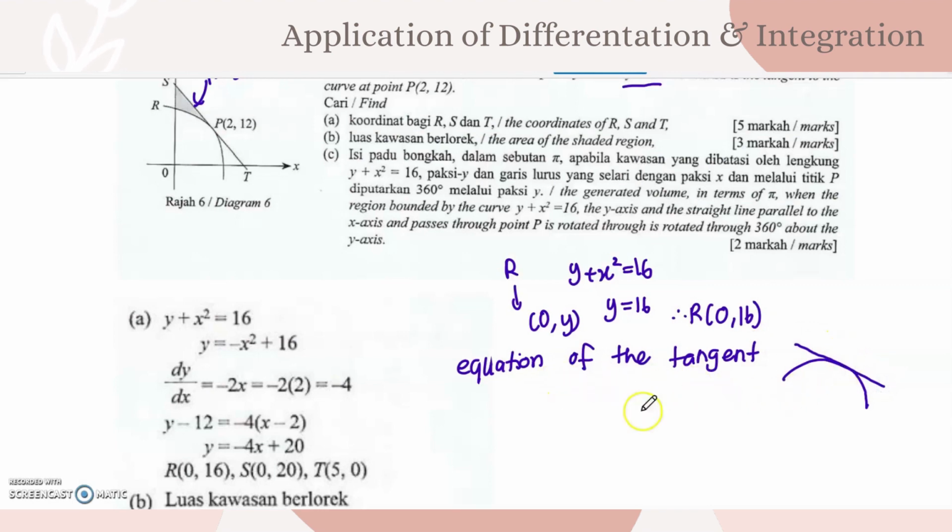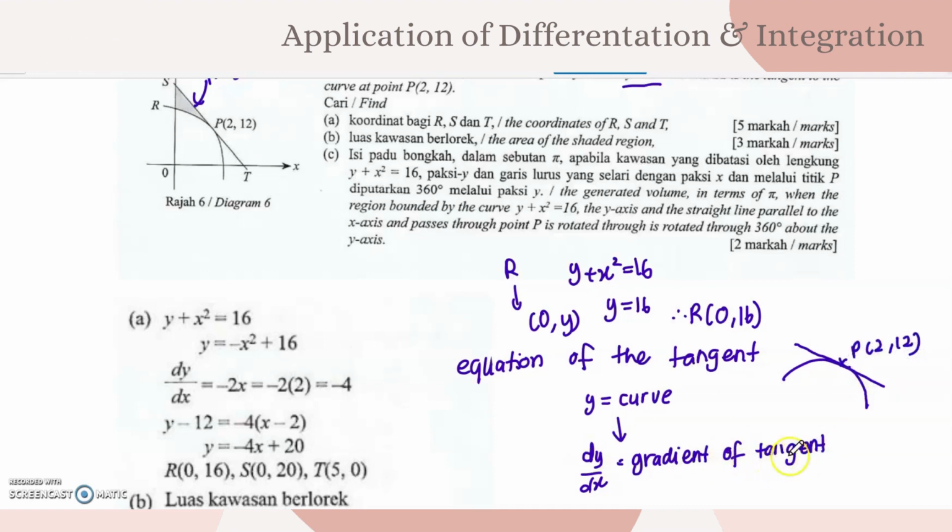So from the curve y equal to, we do dy over dx, we differentiate, and then we get the gradient of the tangent at a certain point. Okay, point berapa kat sini? Let's say point (2, 12), so kita masukkan value x equal to 2 into the expression of the gradient of the tangent.